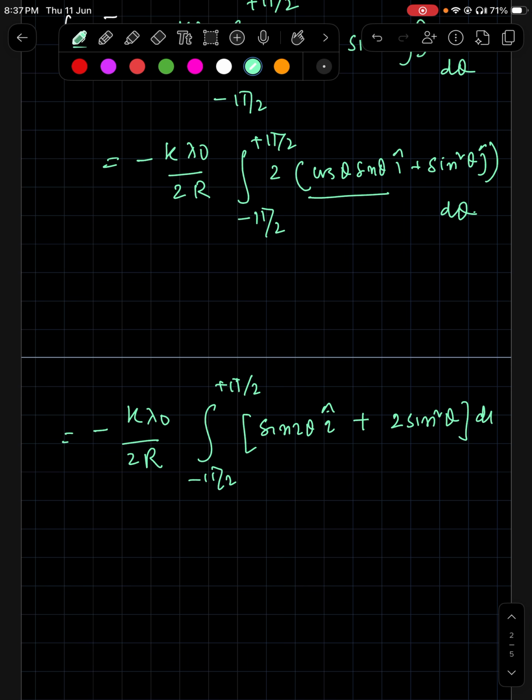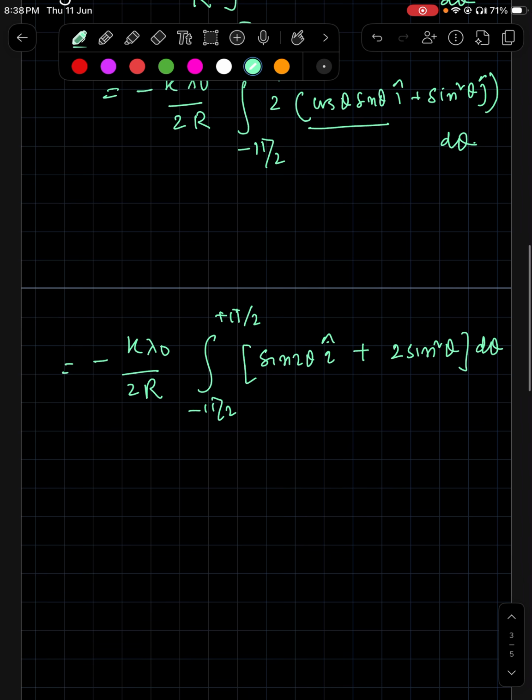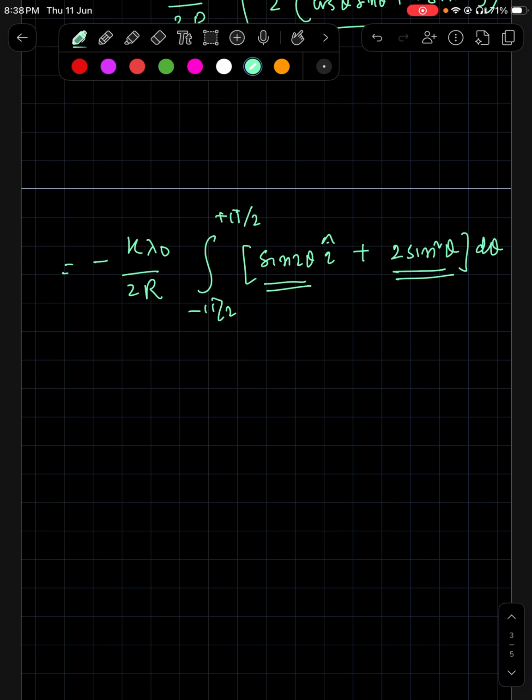Okay. So sin 2 theta is an odd function of theta, and sin square theta is an even function because it is a square. So we have to apply a very important property. If f is an odd function, then the integration from minus a to plus a of f dx is always 0.